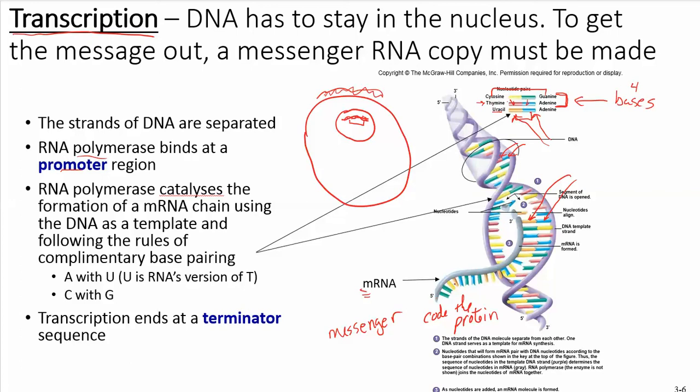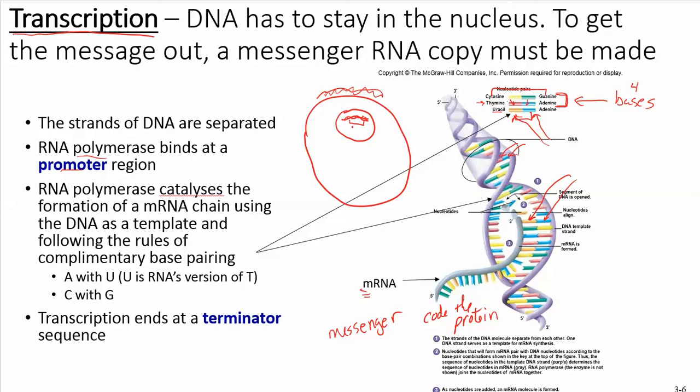It makes a copy, and it keeps that sequence of these individual bases: cytosine, guanine, thymine, adenine. 4 different letters to the DNA alphabet. It's actually pretty impressive that we can come up with all these different proteins and life in general from 4 different bases. So that's what transcription is.